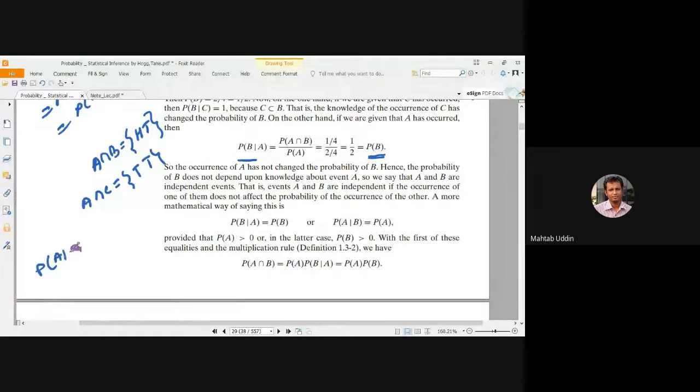If I try C given A, then probability of A intersection C divided by probability of A is 1 by 4 over half, which is not equal to P of C. So C is not independent of A. A and B are independent, but A and C are not.